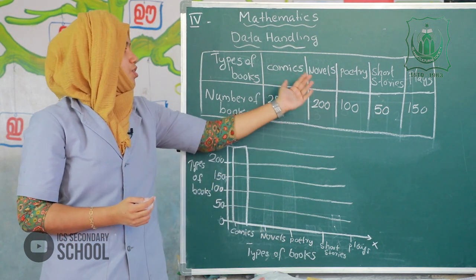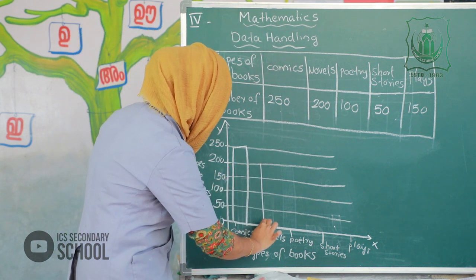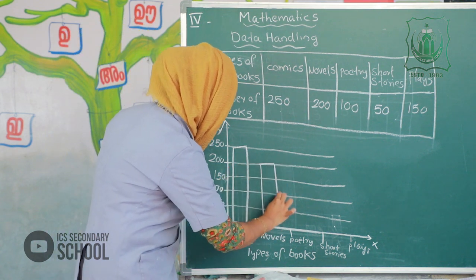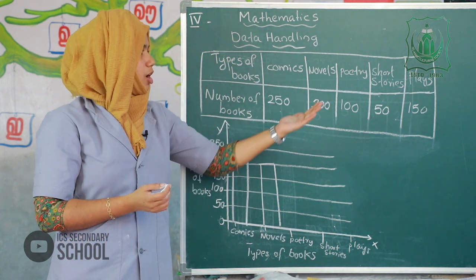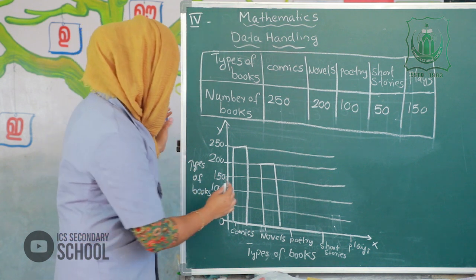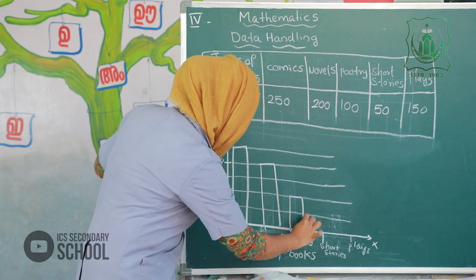How many novels are there? Yes, 200 novels. How many poetries are there? 100. So, here we can make bars like that.